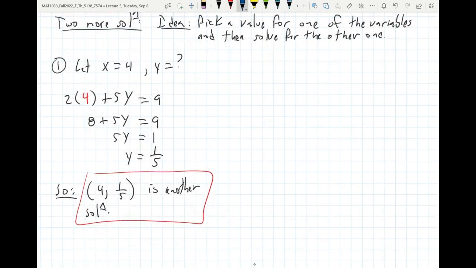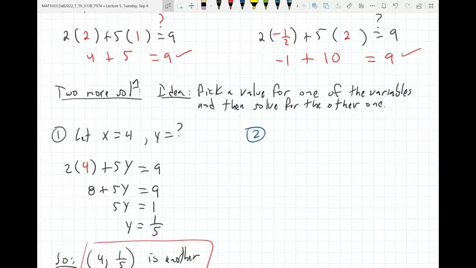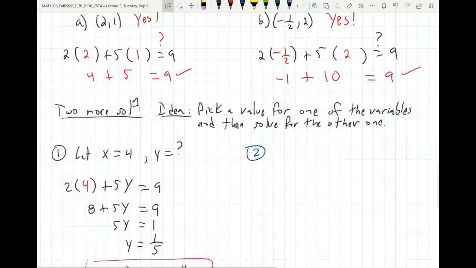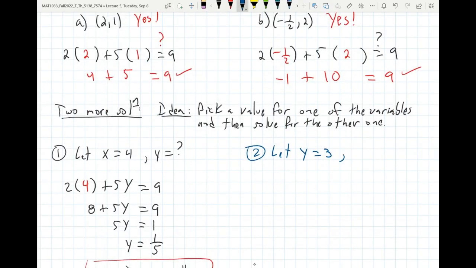Then let's find another one. So let's see. This time, let's pick something for y. So what do we do? I said 3. 3? Okay, so let y equals 3. Remember our job now is we want to know what is x.